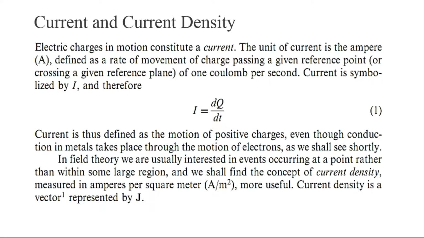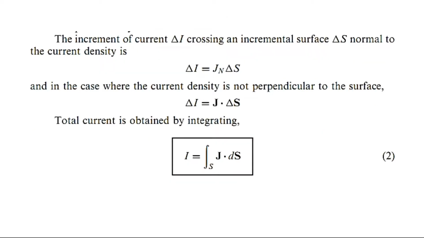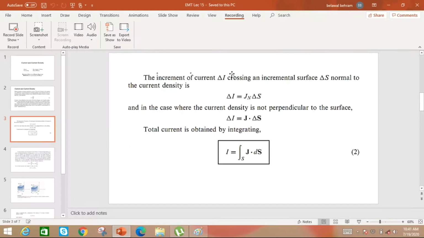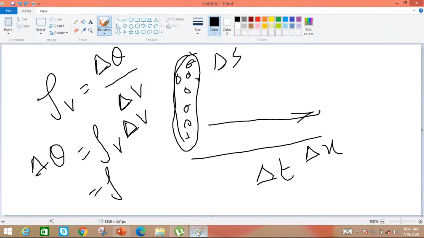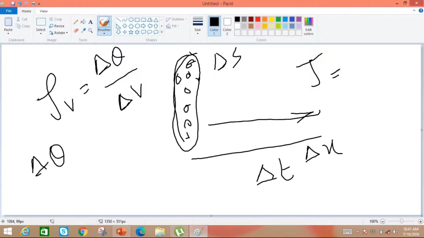Current density is a vector quantity and that is represented by J. Let's suppose the increment of current del I crossing an incremental surface del S normal to the current density is given by del I is equal to Jn del S. Simply we can say that current density J will be equal to current per unit area, or the differential current per unit differential area.